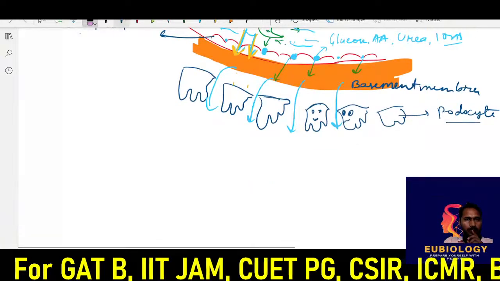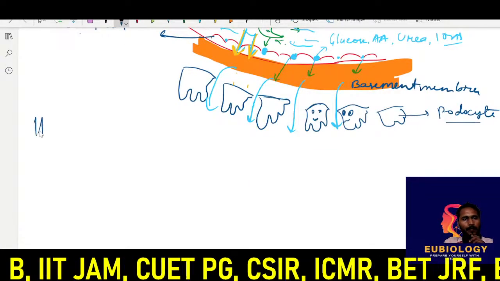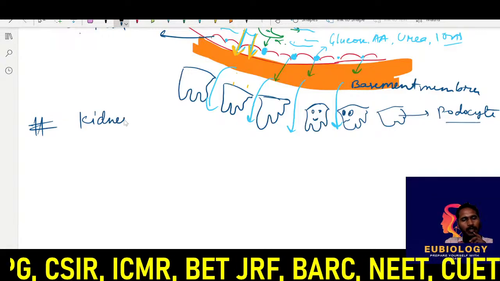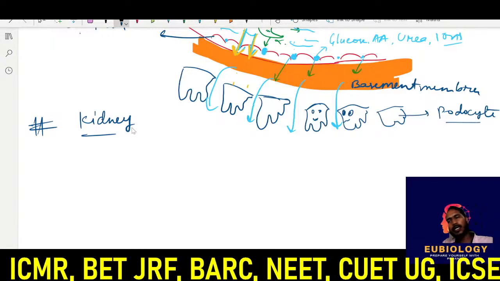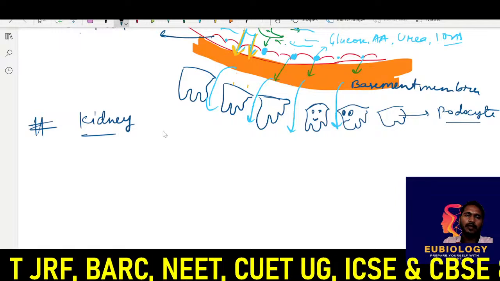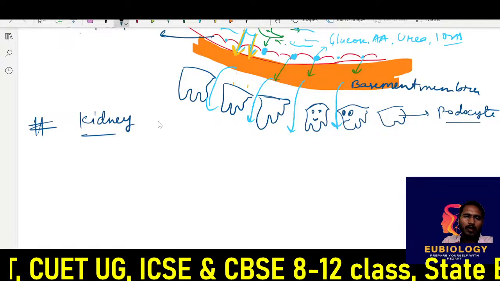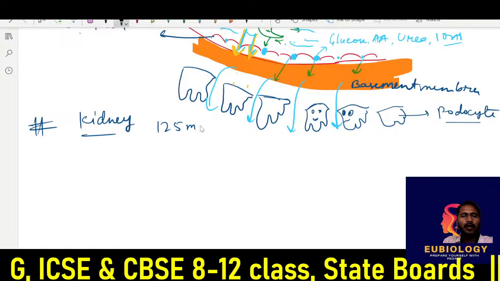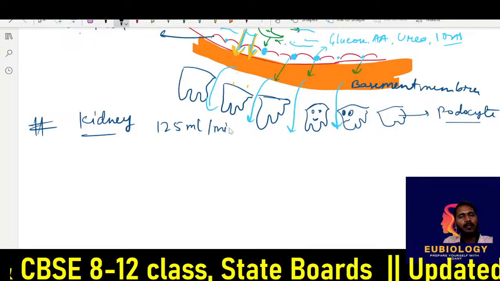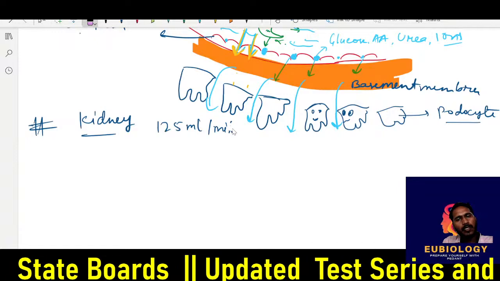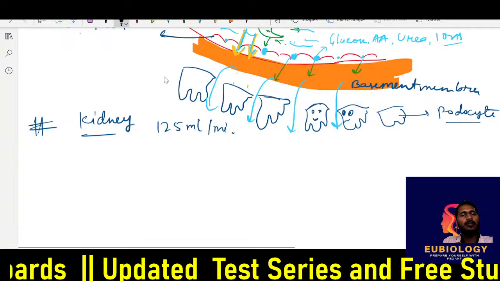Now, if you see the complete kidney, meaning both the right and left kidney, the complete kidney can filter 125 ml per minute across all nephrons.